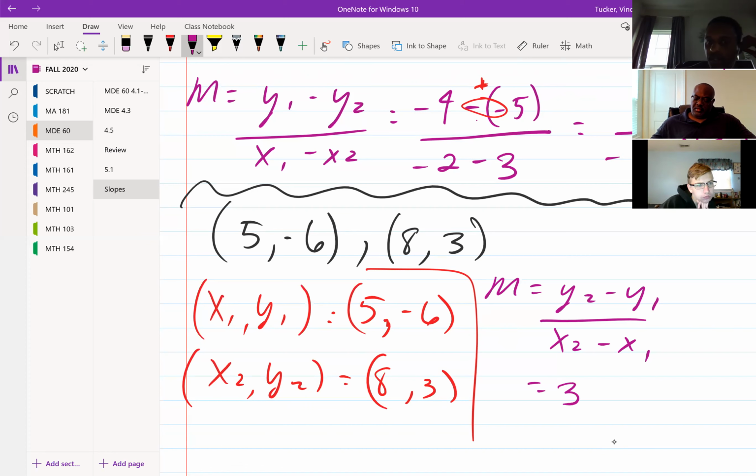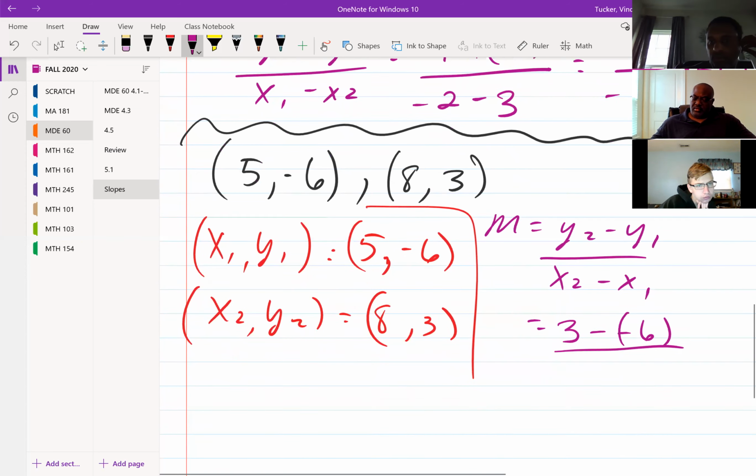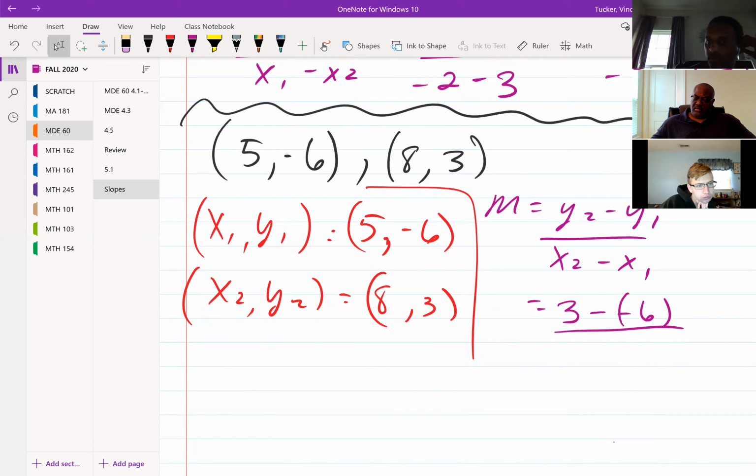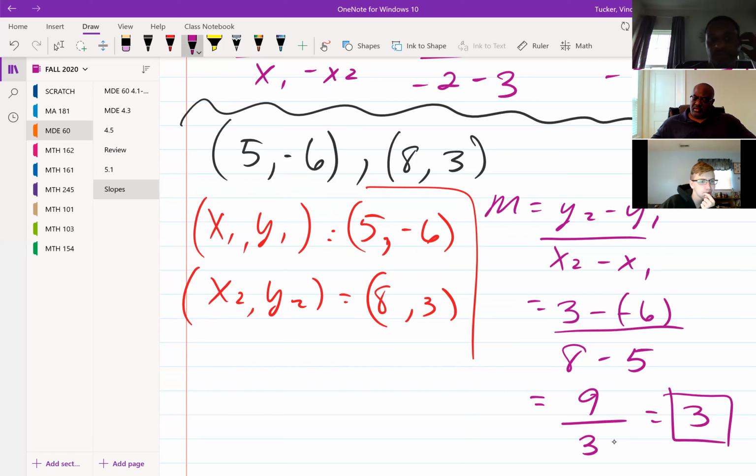Y2 is the 3. Y1 is negative 6. X2 is 8. X1 is 5. 3 plus 6 on top is 9. 8 minus 5 is 3. My slope is 3.